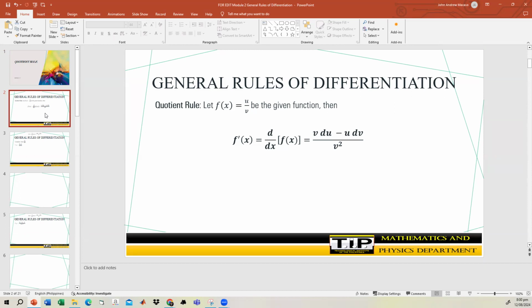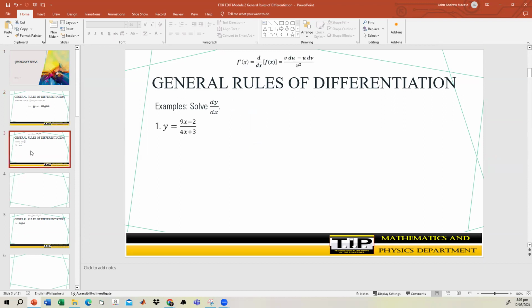So in simpler explanation, class, if you have two functions wherein one function is in the numerator and another function is in the denominator, then for you to get the derivative of that kind of function, or a rational function, you will apply the quotient rule. For the quotient rule, you must use this formula, which is v du minus u dv over v squared.